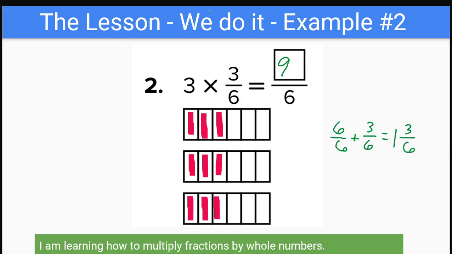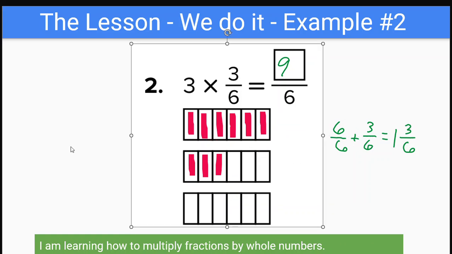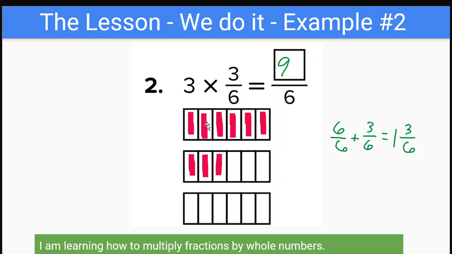Now, we could take this picture down here and we can move these around to see. We could take this 6th and put it right there. We could take this 6th and put it right there. We could take this 6th and put it right there. Okay, and now you can see what we've got. We've got 1 whole, here it is right here, and then we've got 3/6, 1, 2, 3. Okay, so it's 1 3/6. Kids, you're learning how to multiply fractions by a whole number.